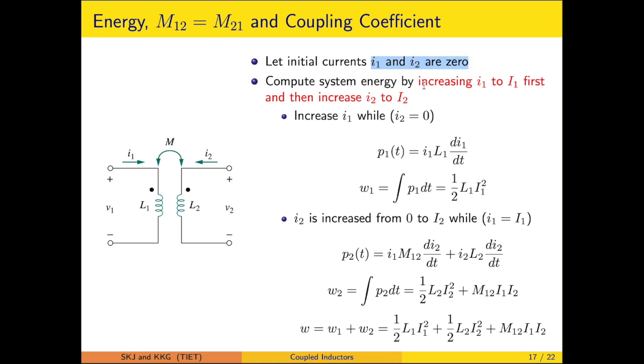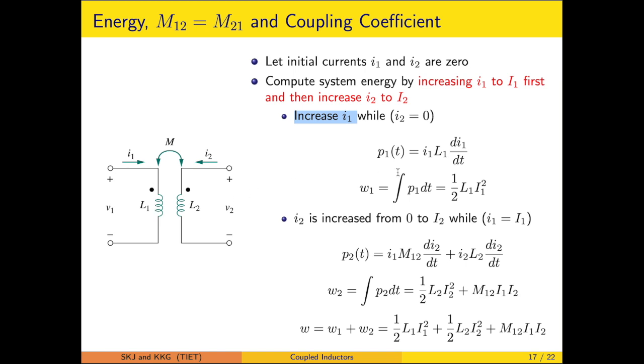We will compute the energy while first increasing the current I1 from 0 to capital I1, the final value, and then increasing the current I2 from 0 to capital I2. So when we are increasing the current I1, I2 is equal to 0. I1 is increased from 0 to capital I1.